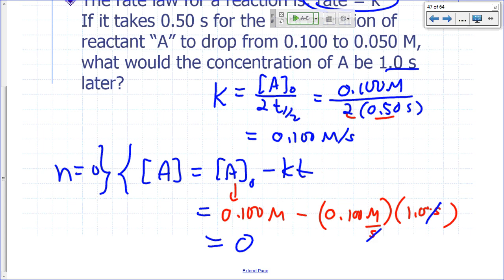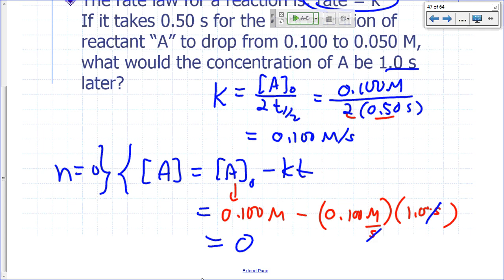Now, word of caution: zero order reactions don't actually stay zero order forever, because if they did, after this it's going to go negative, right? And you can't have negative concentrations. In fact, zero orders typically tend to have a limited range.